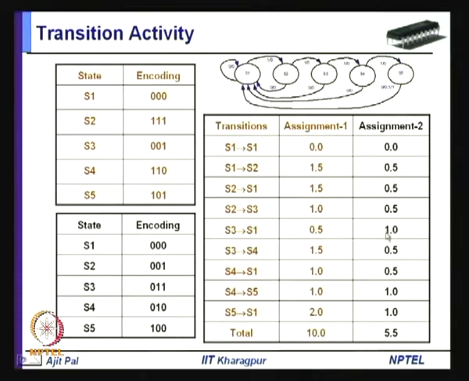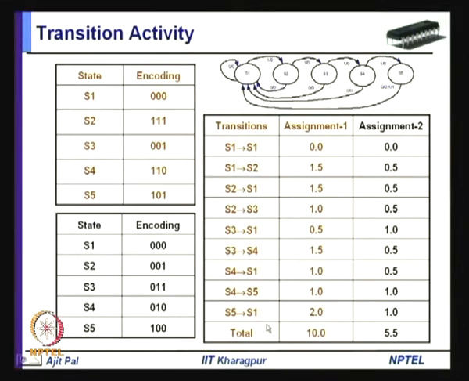So, it is 1, 0.5 into 2 is 1. S3 to S4, in this case the number of transitions is 3. So, 3 into 0.5 is 1.5, and so in this way you can find out for all these transitions, and from S5, as I have told, it always goes to S1.